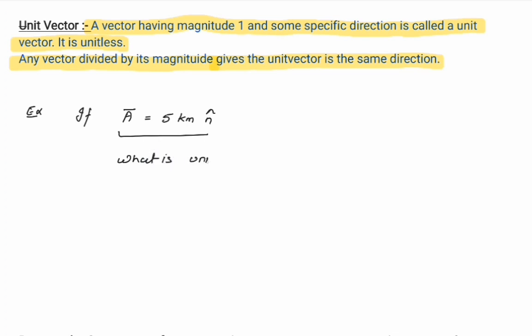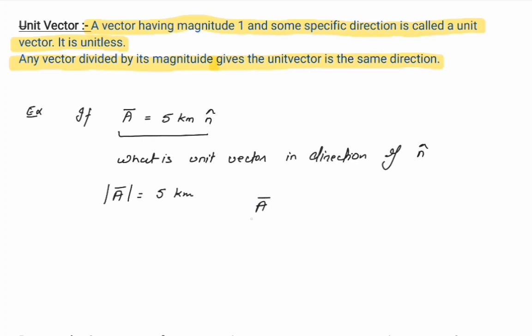in the direction of n cap? Then how to find a unit vector in the direction of n cap? We will find the magnitude of the given vector. What is the magnitude of the given vector? 5. Then how to find a unit vector?